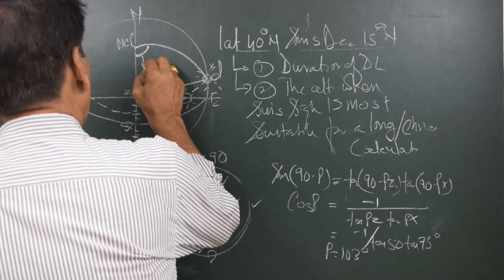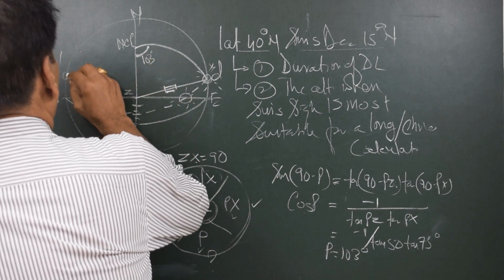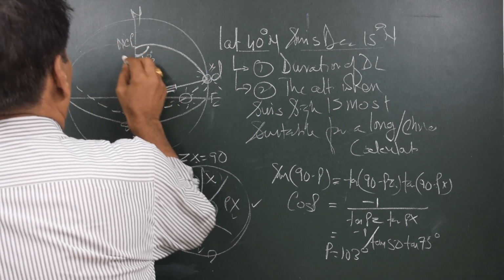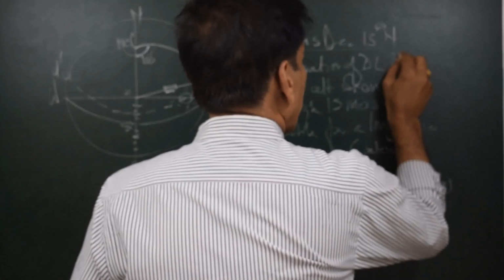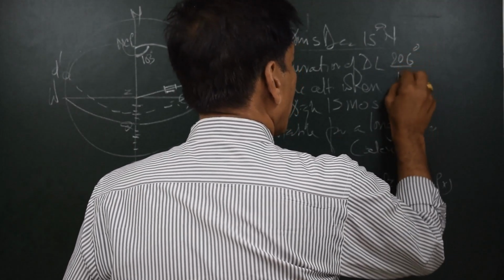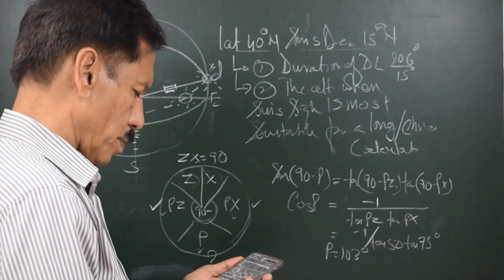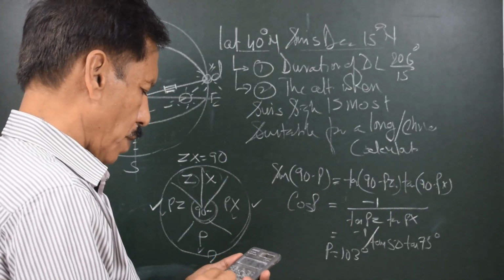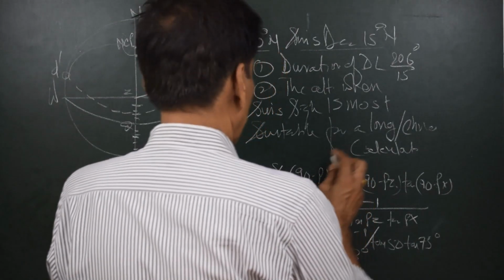If this angle is 103 degrees, by the time the sun sets, the angle that would be traced will be 103 plus 103, that is 206 degrees. And 206 degrees divided by 15 degrees would give me, in terms of hours and minutes, 13 hours 43 minutes and 56 seconds.